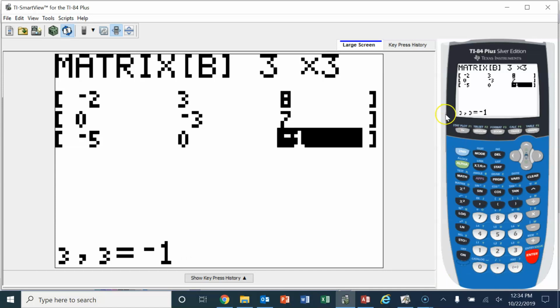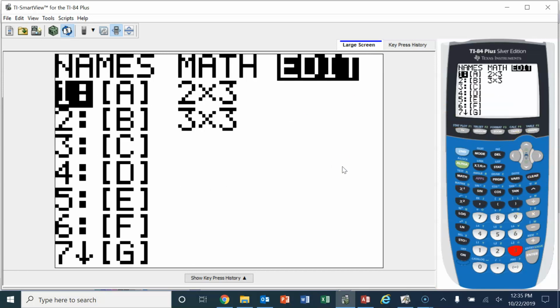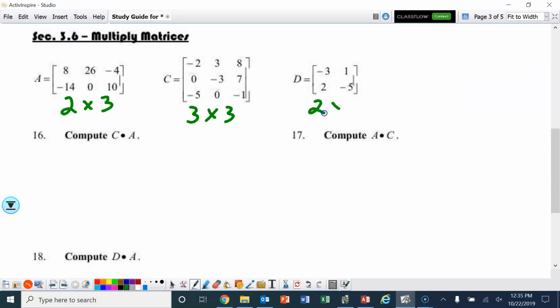All right, now we're going to do matrix D, D as in dog. Matrix D, go to edit, number 3. And this is a 2 by 2.